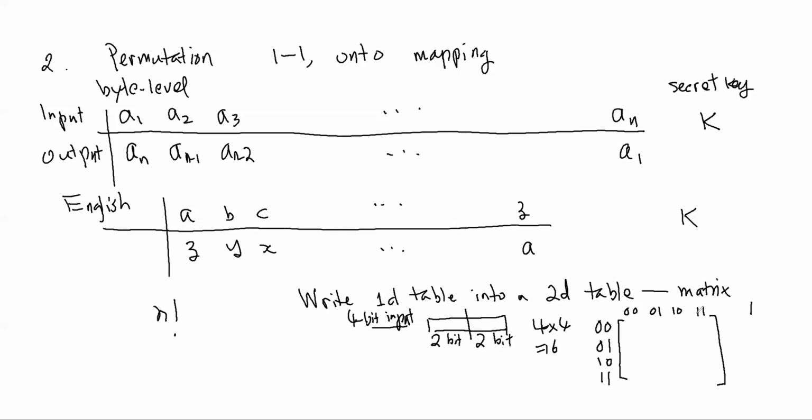And if it's a permutation, each of these values has to be different. Each has to be 4 bits.